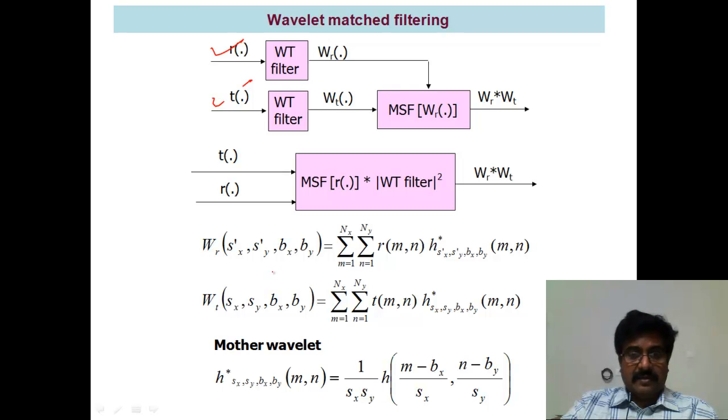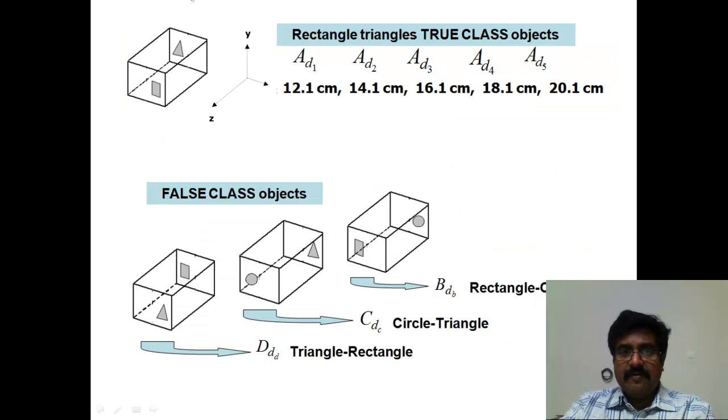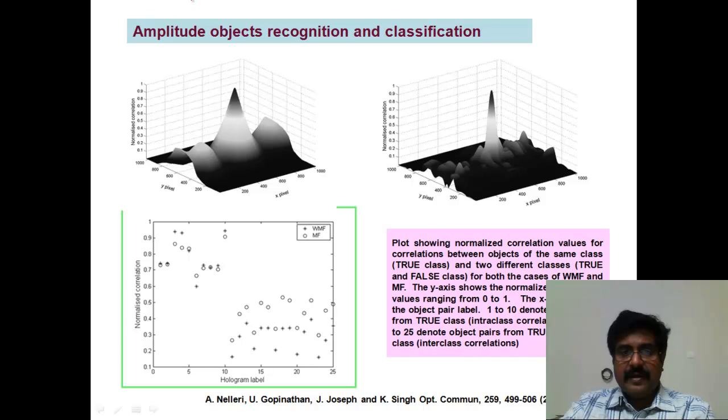Here the mother wavelet, the Mexican hat wavelet, is used, and these are the correlation of wavelet coefficients, so that we get a correlation peak, and the correlation peak indicates whether true or false object recognition is done.